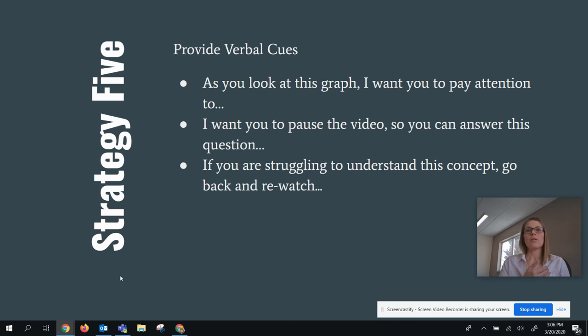And then lastly, be clear and say, if you are struggling to understand this concept, go back and rewatch again, and perhaps even give them an additional strategy. So maybe you can say, I want you to write down whenever you hear me talk about whatever it is, any vocabulary words that you don't know.